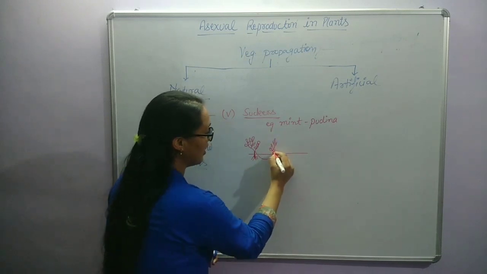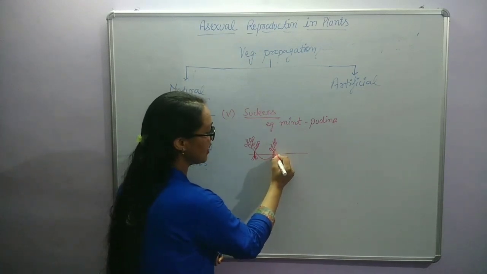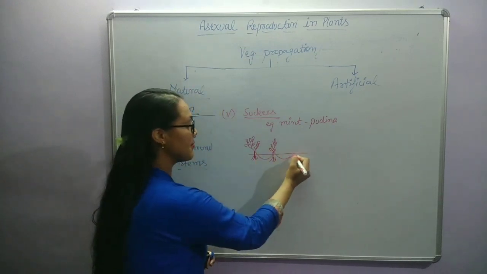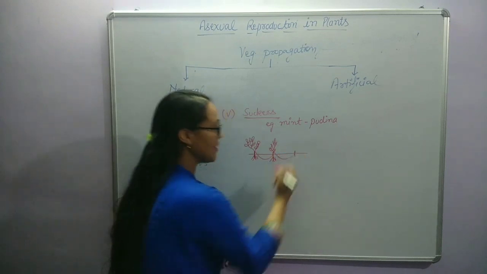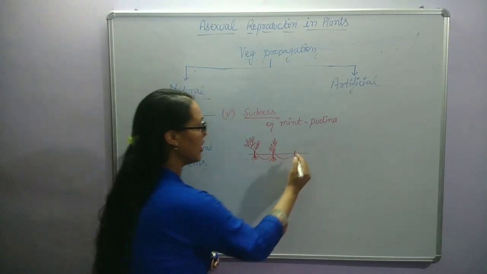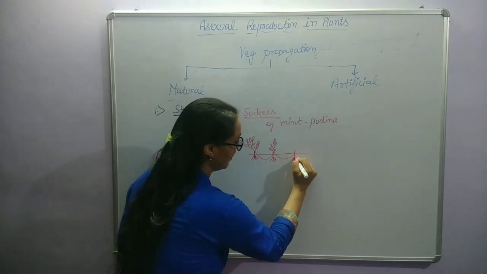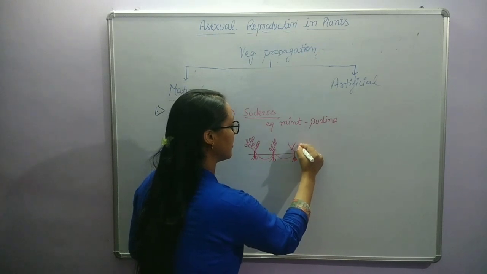In this way, now further, a horizontal branch will arise. This branch will go underneath the soil, and when it reaches the soil, it forms a loop-like structure below the soil, and here it will give rise to a new plant.